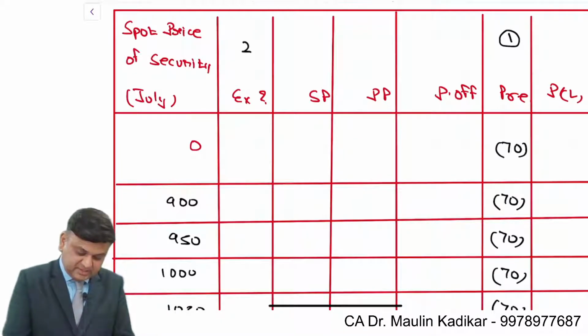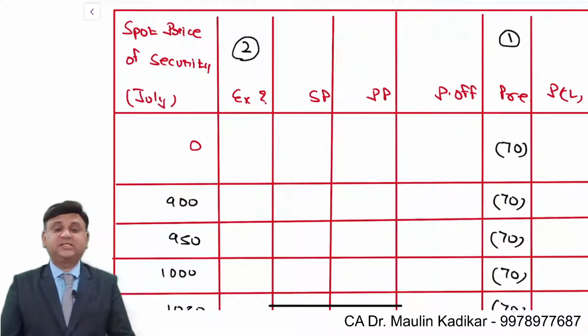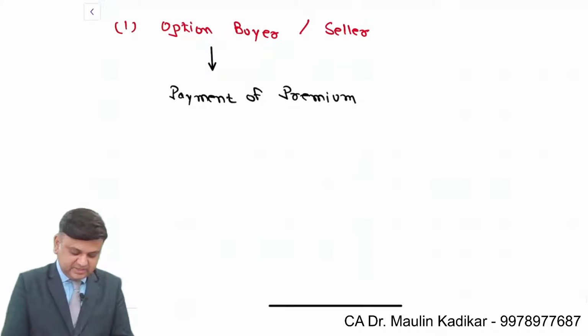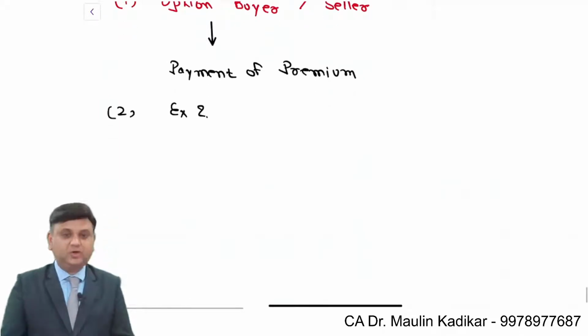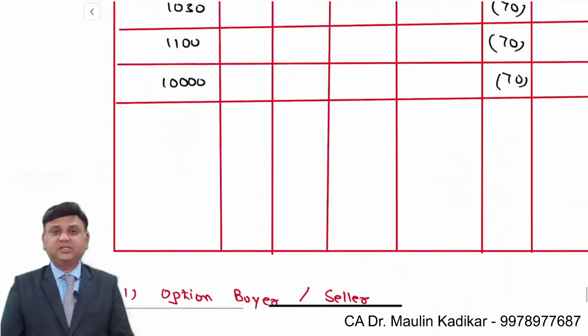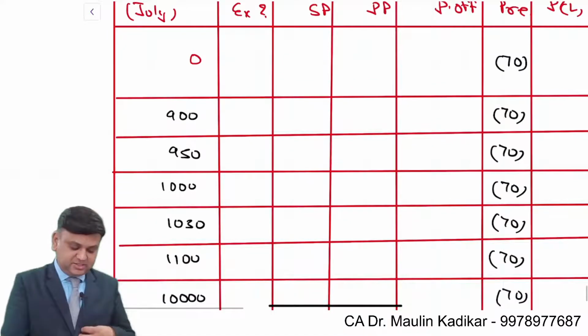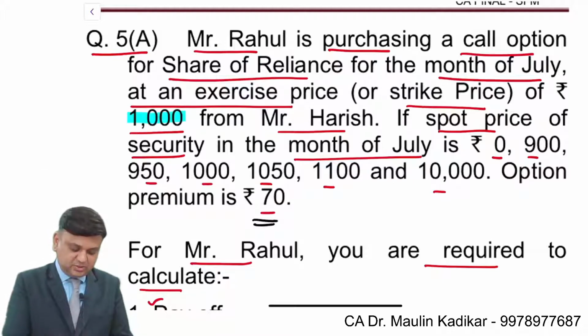The second thing is that you have to determine whether to exercise the right or not. We know, friends, it is a call option, and in case of a call option, the option is exercised if the spot price is exceeding the exercise price, which is given to us as 1000.